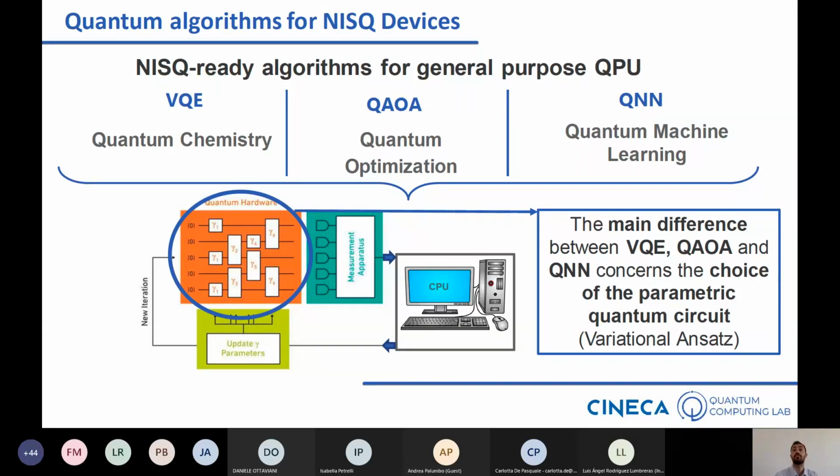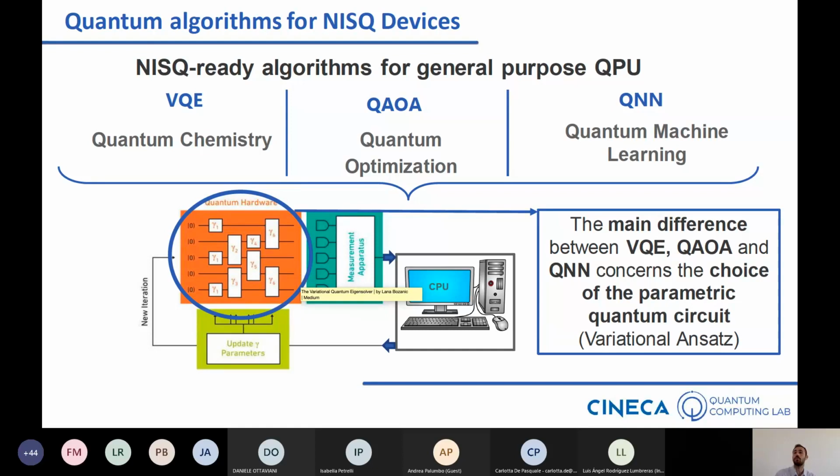Yeah, okay. What's the difference, first of all, between them? The working principle is the same. The main difference between these three methods is, of course, in the problem that you want to address, but also in the quantum part, so in the variational ansatz.